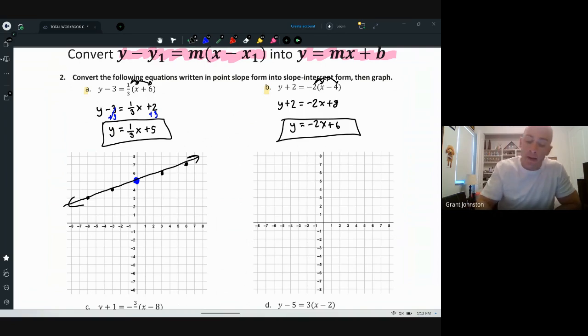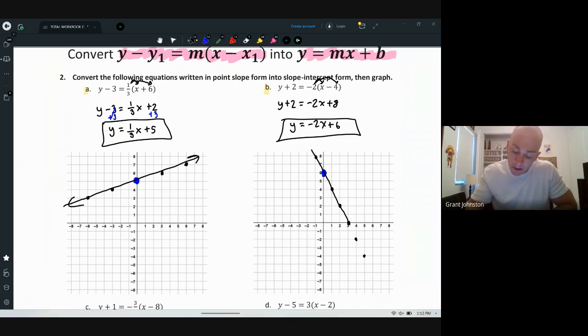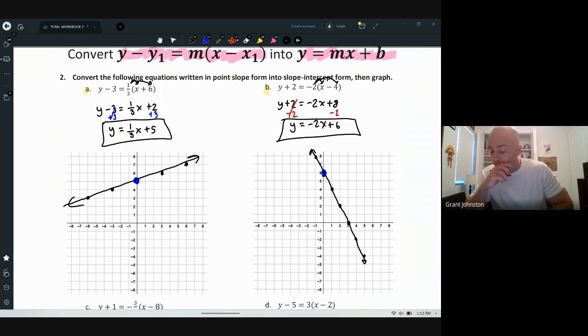So my y-intercept is positive 6. And the slope is negative 2. So I'm going to go down 2 over 1. Maybe I don't show my full work up here sometimes, but we've done a lot of algebraic manipulation. So again, all I did this step was subtract 2. All right, I'll let you do C and D.